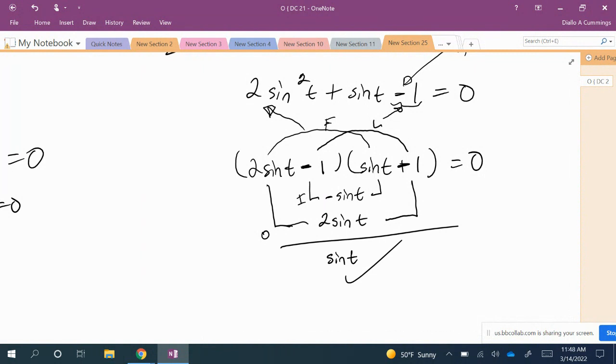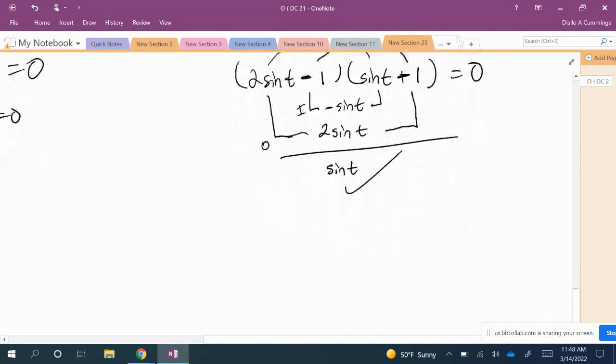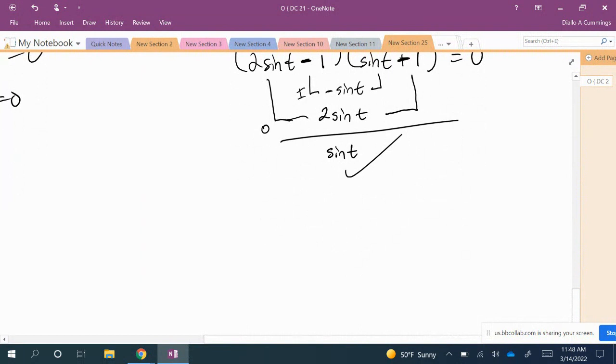Now that we have it correctly and completely factored, I'm going to use the zero factor property. I want to set each factor equal to 0.